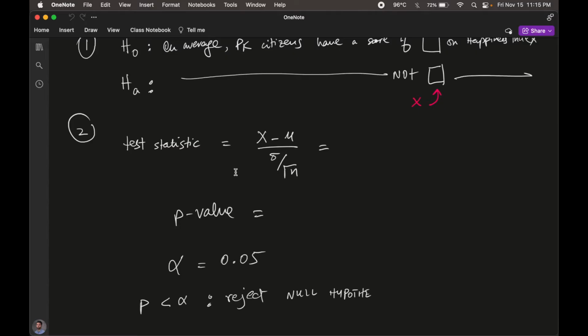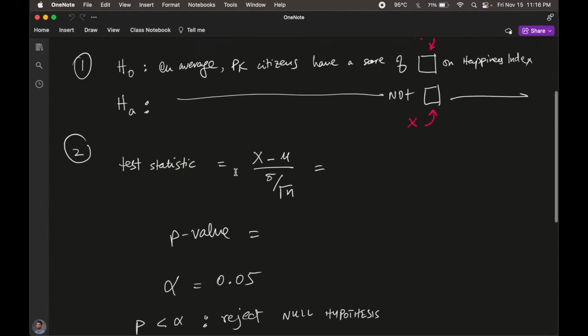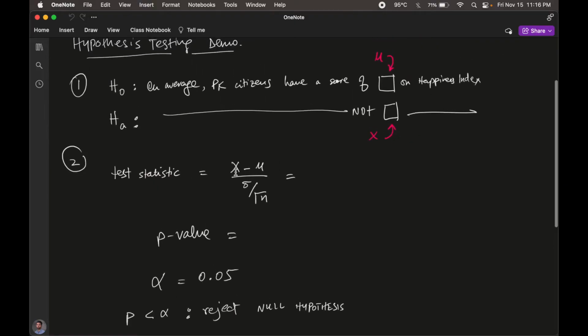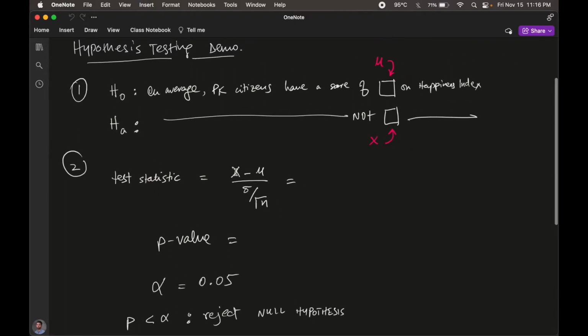What p-value do we get, and what does that mean? Rejecting the null hypothesis, right? So that would be a two-step process for hypothesis testing. But let's get down and fill in these numbers, and let's build on our understanding so far.